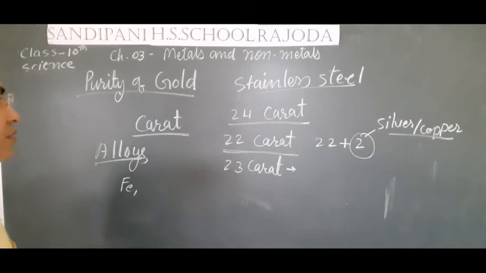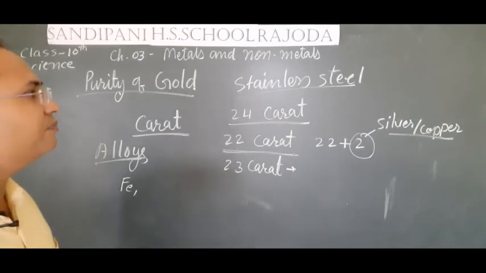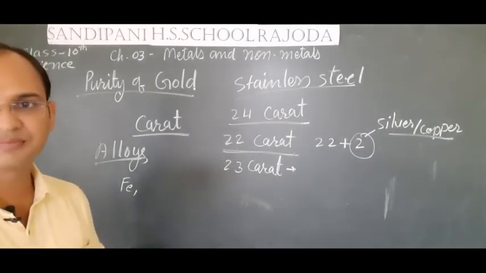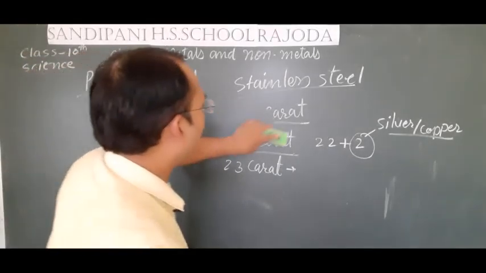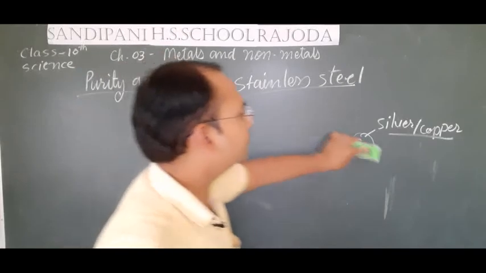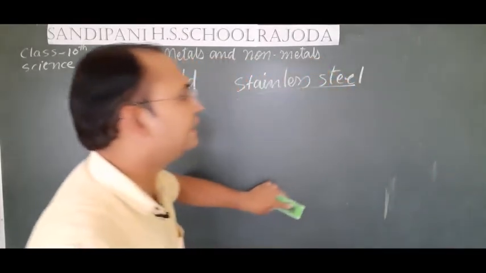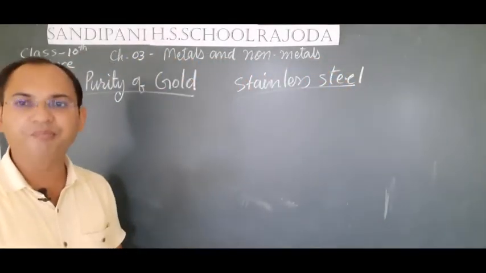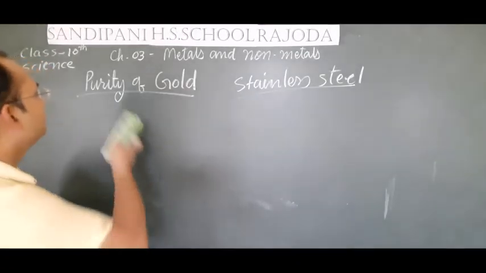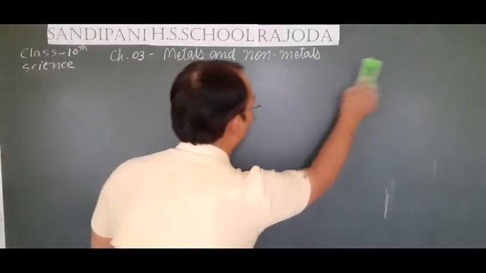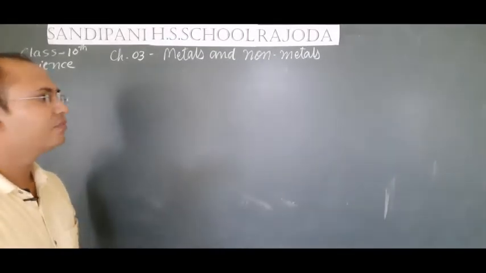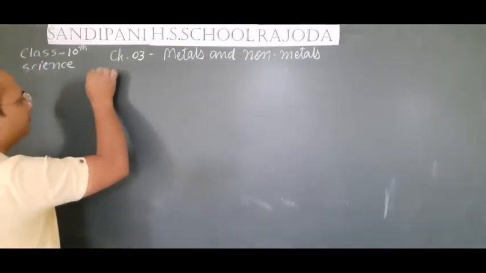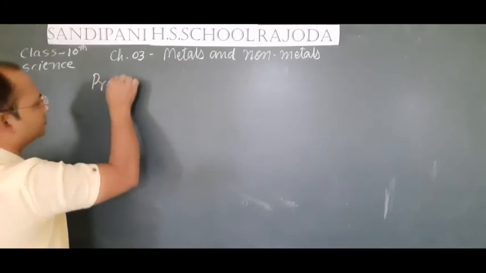Next, students, how can we prevent corrosion? Corrosion is actually harmful for us because it degrades the quality of the metals. So there are some methods by which we can prevent corrosion. Let's see what are the different methods of prevention of corrosion.